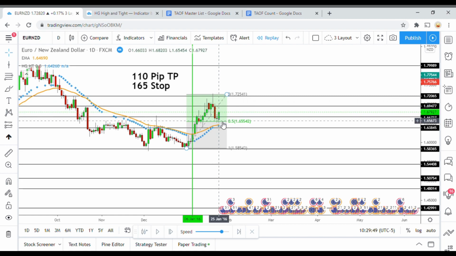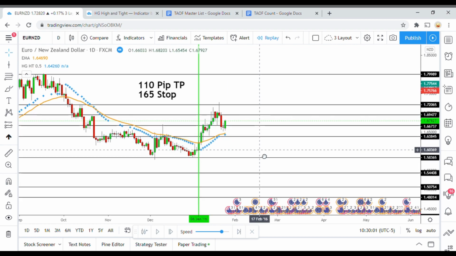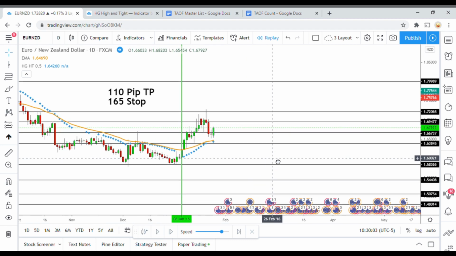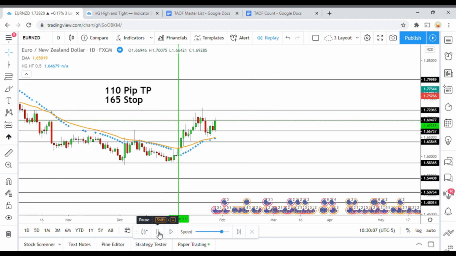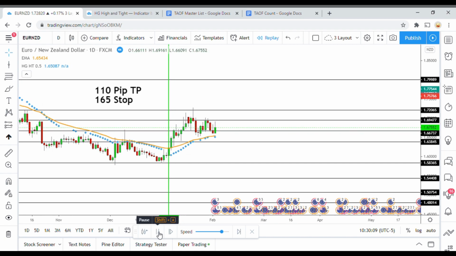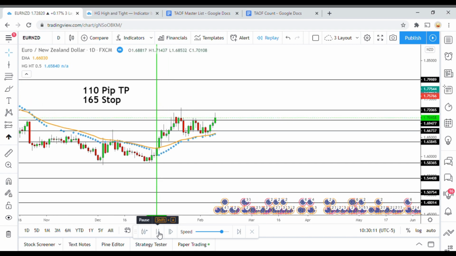You see that the move came right down, touched the 50% retracement here, and as soon as it did, it painted this big long green candle. So you're just following the 50% retracement back down. That is also a really valid way to find areas of support and resistance.